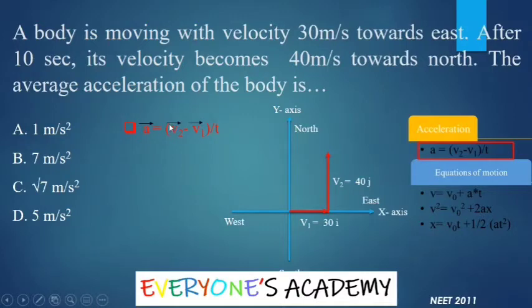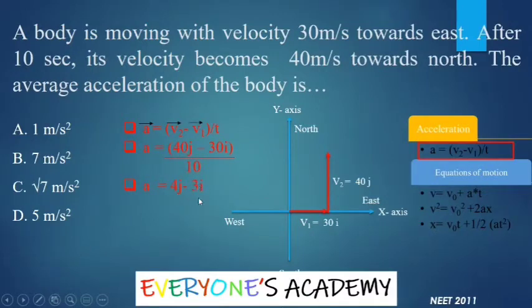Final velocity is 40j and initial velocity is 30i. So 40j minus 30i divided by time t equal to 10 seconds, that is why divided by 10. So this becomes acceleration equal to 4j minus 3i, because 10 will divide both the terms.